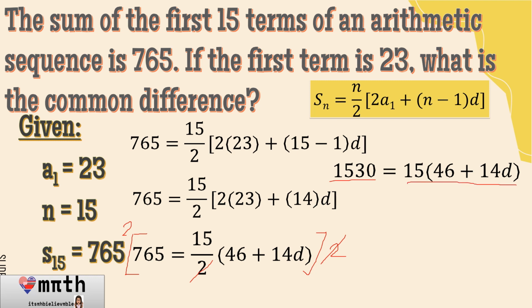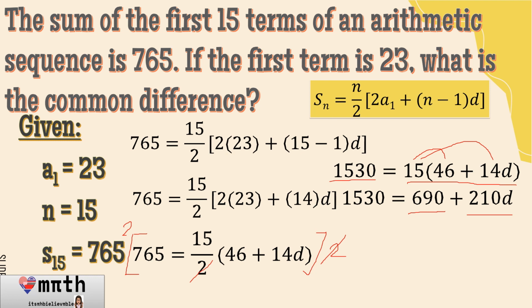In this case, we can simplify the terms in the right side by distributing 15 to each term inside. So, 15 times 46, which is 690, and 15 times 14d, that will be 210d.